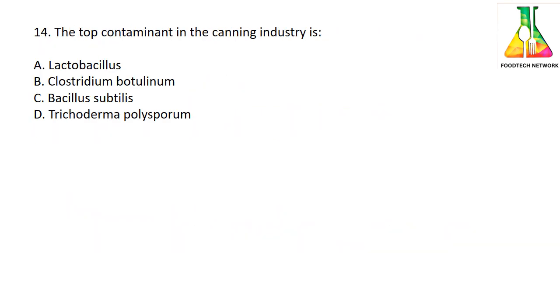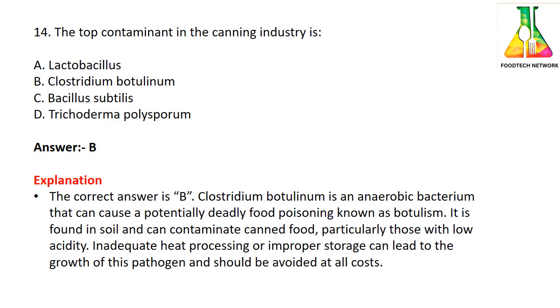The top contaminant in the canning industry is dash. Option A Lactobacillus, option B Clostridium botulinum, option C Bacillus subtilis, option D Trichoderma polysporum. Answer is option B, that is Clostridium botulinum.